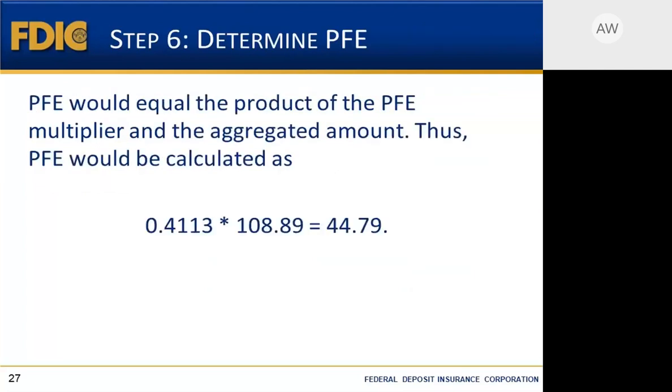And finally, we are ready to figure out our PFE. Once we know the PFE multiplier, we can determine the PFE, which equals the product of the PFE multiplier and the aggregated amount, and in our case, that is $44.79.